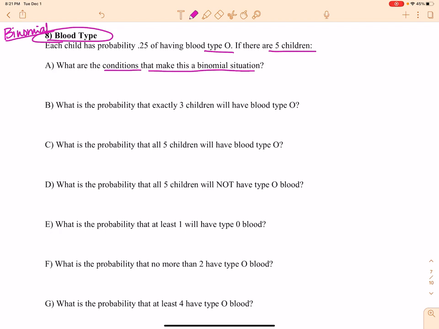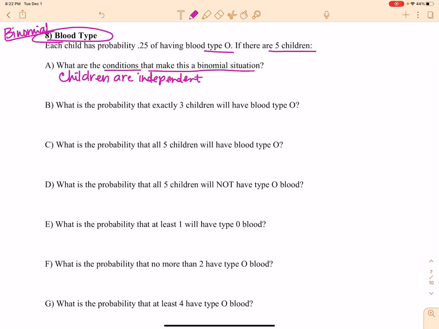So we are going to assume that these children are independent of each other. That is something we have to go on faith with, because we're not actually looking at 5 real children. We're just in our stat bubble. So the children are independent.